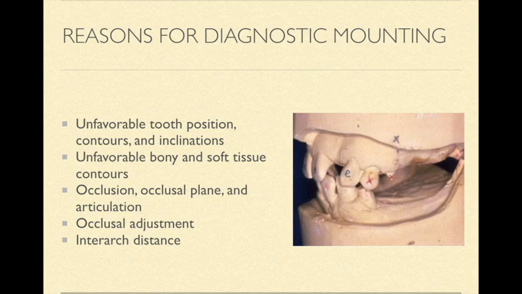The last one is to check the intra-arch distance. Sometimes when a patient loses a tooth, the upper or lower jawbone will compensate and get enlarged, which may give you a limited intra-arch distance, so that you are not able to design the removable partial denture properly.